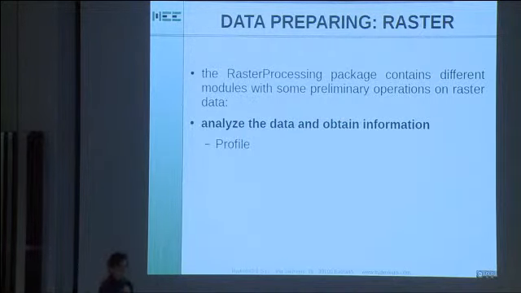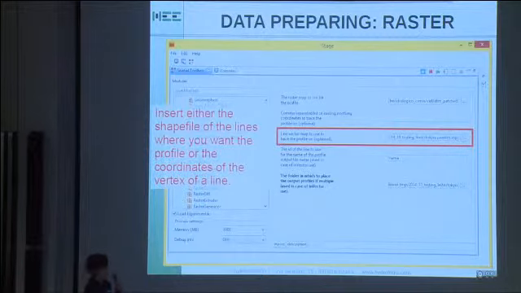There are also some tools to analyze the data contained in a raster. For example, one very useful is the profile. You can insert here the coordinates of the line where you want to draw the profile, or else insert a shapefile with lines where you want the profile.